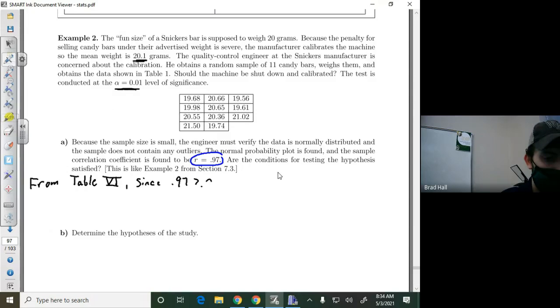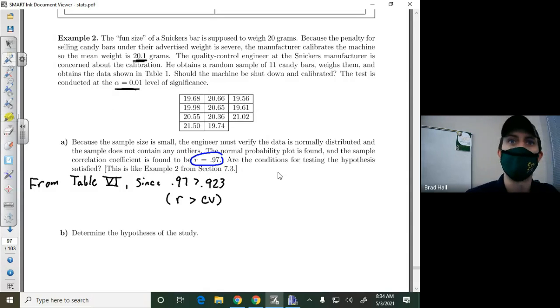0.97 is greater than 0.923. So basically, our value is greater than, when I write CV, I mean critical value.